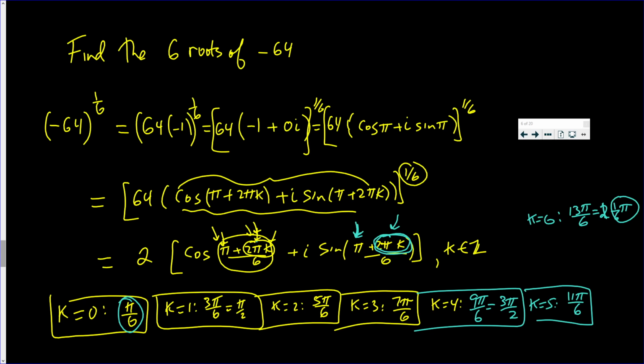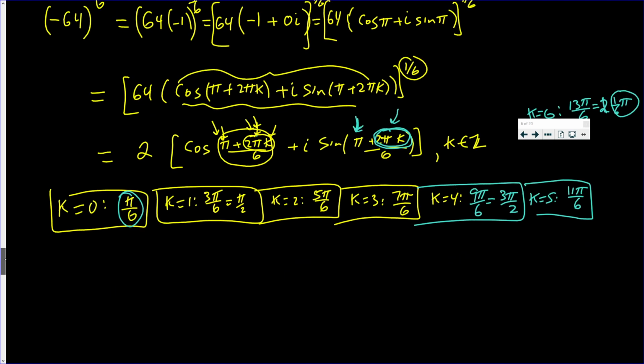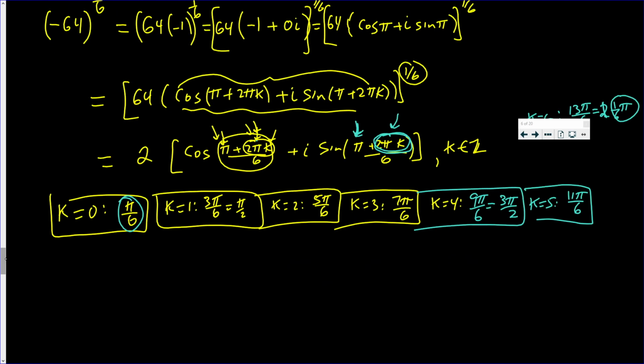Okay. So now we want to find the 6 roots of negative 64. That is, one number times itself 6 times will give us negative 64. And we're going to find 6 answers. When k equals 0, we know what angle to use.